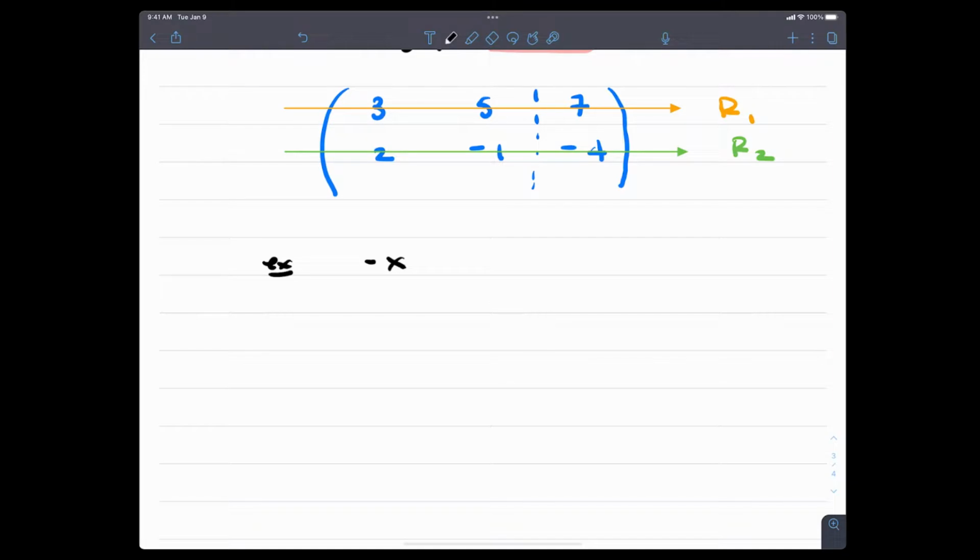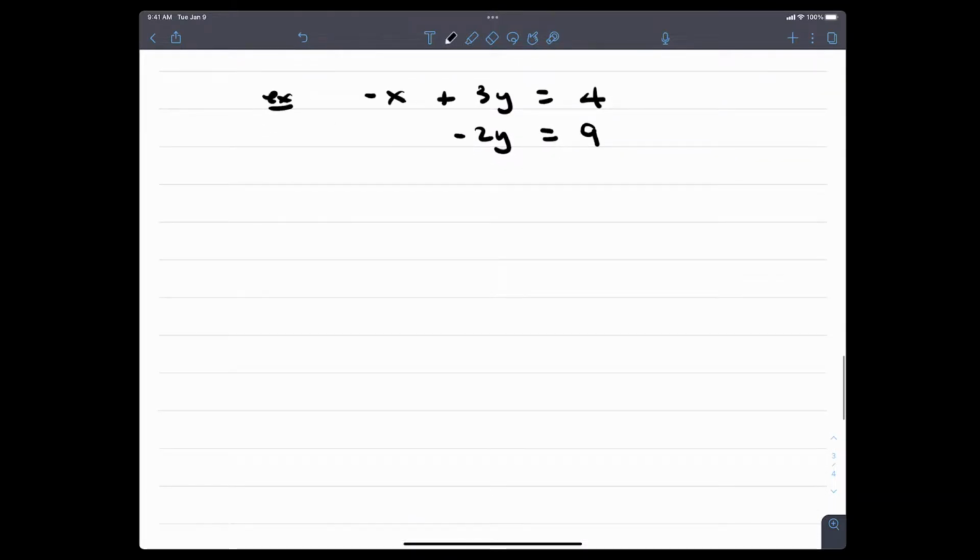Negative x plus 3y equals 4, and then negative 2y equals 9. I want you to create the matrix. What are you going to do? You're going to list all the coefficients.